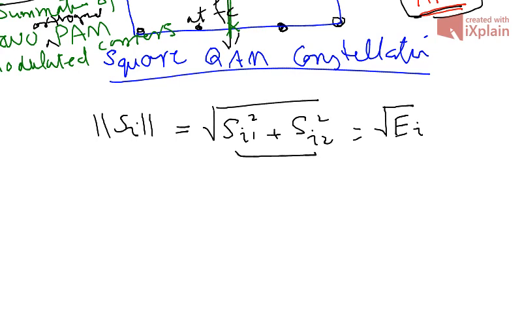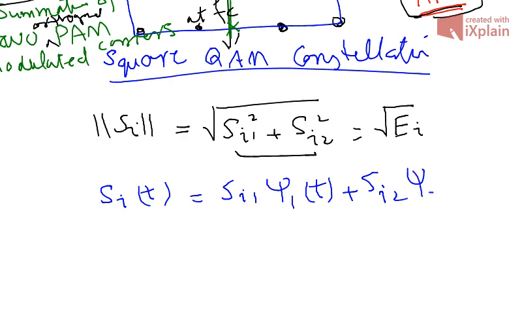I hope you can verify this expression now, because you can write your QAM symbol in this form, s_i of t, right?